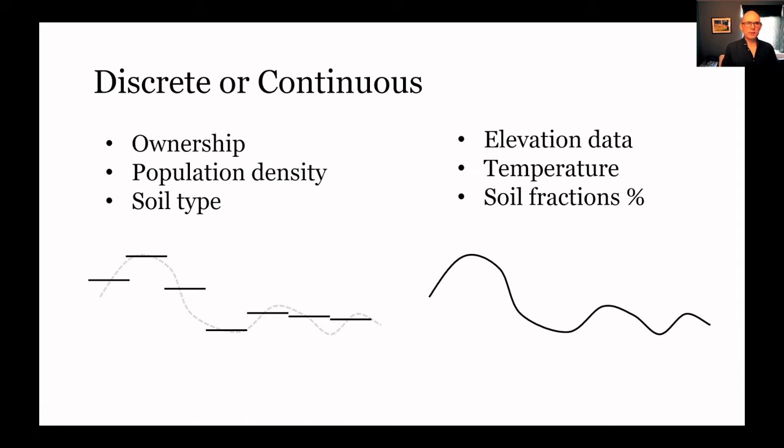We'll start actually with discrete and continuous, because these need to be clarified first of all, if you're not certain of what these mean. So if we have discrete data on the left here, we have these discrete packages of data. If we're looking from the side, if this is for example elevation, or it could be the amount of something growing in a field, or precipitation in a particular area, it exists in these discrete packages.